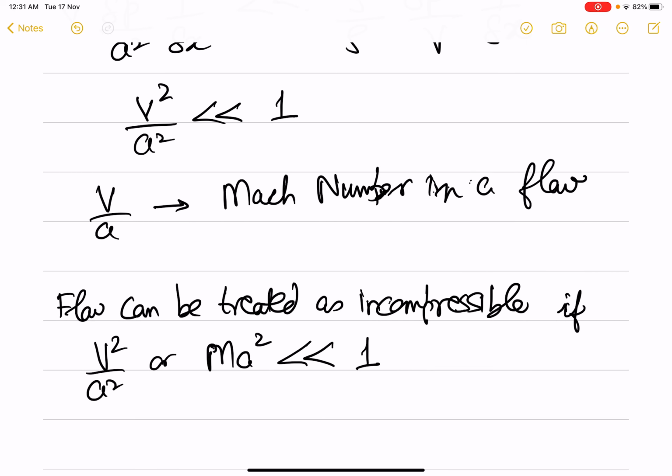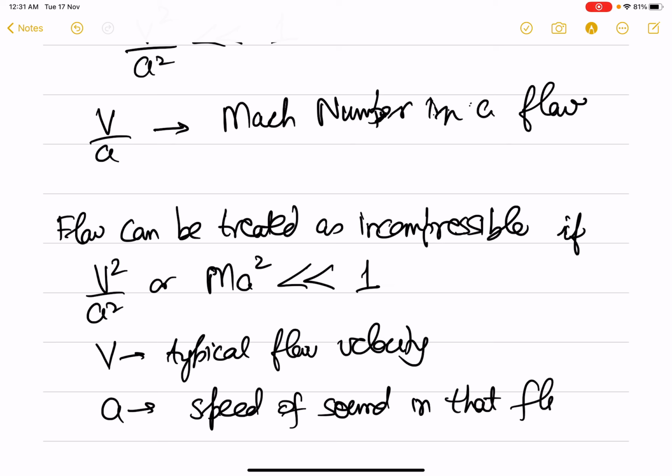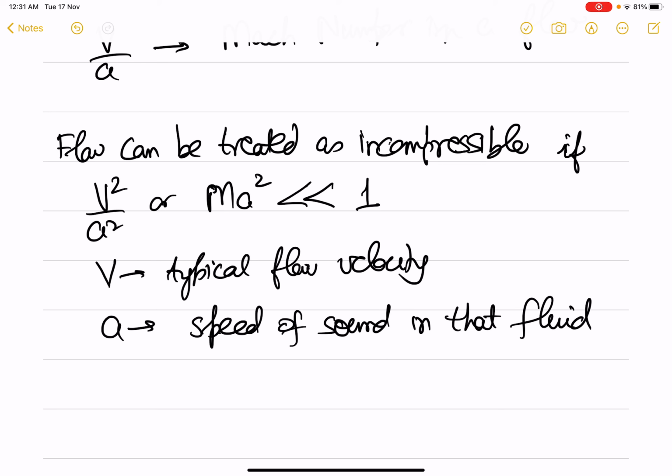Now V is a typical flow velocity of the same order. A is the speed of sound in that fluid. So if Mach number is much less than 1, flow can be treated as incompressible.